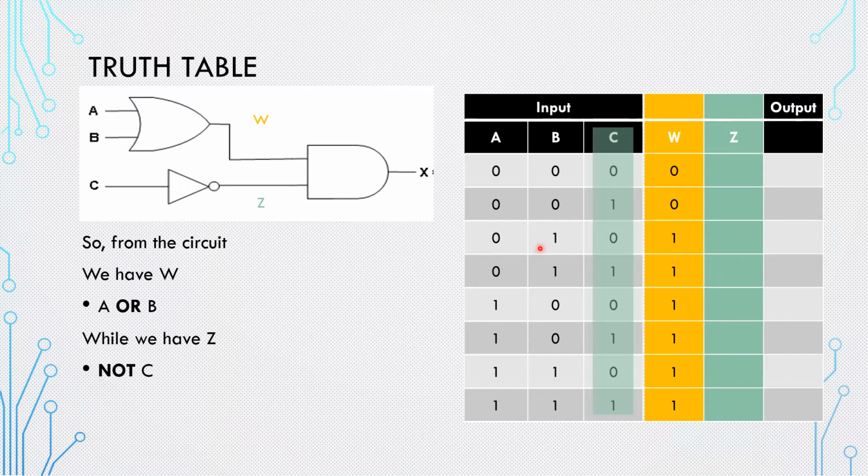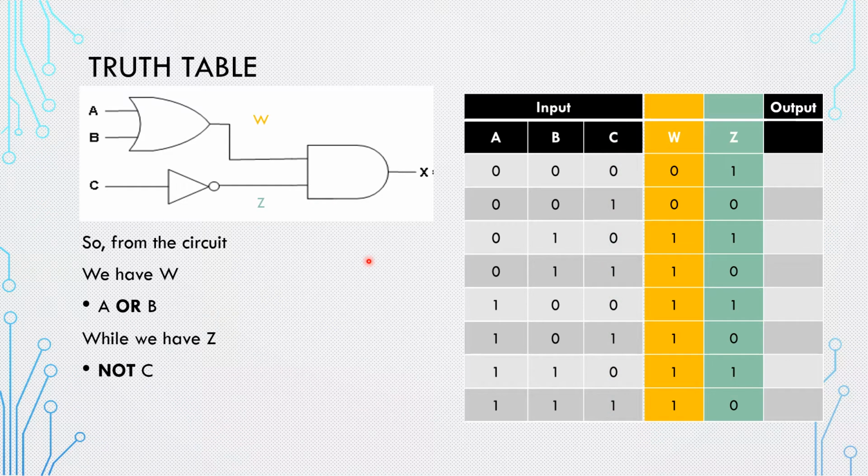Just take the inverse. If it is 0, put 1. If it is 1, put 0. So this is 1 0 1 0 1 0 1 0. So this is the input for this gate.